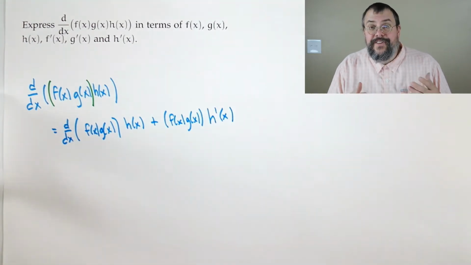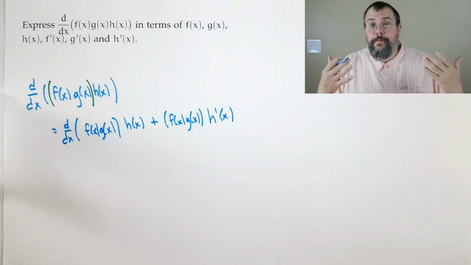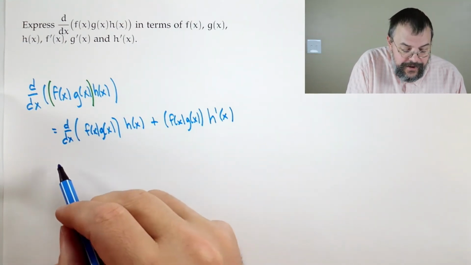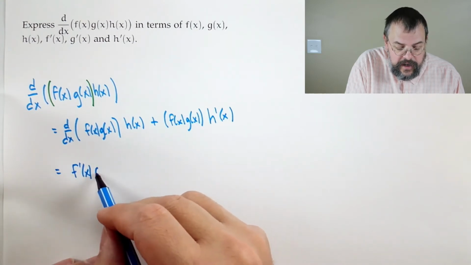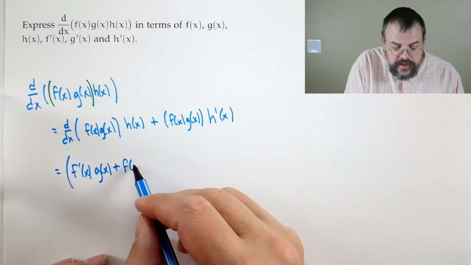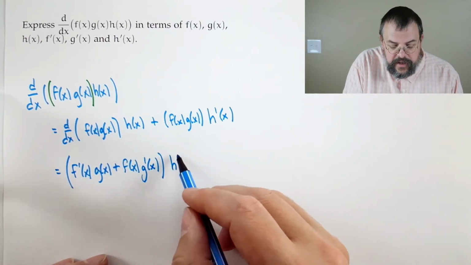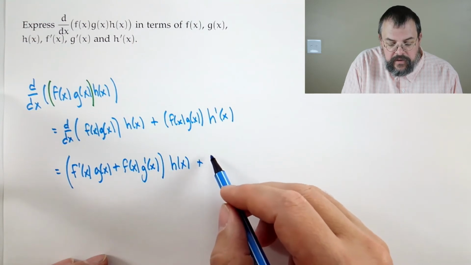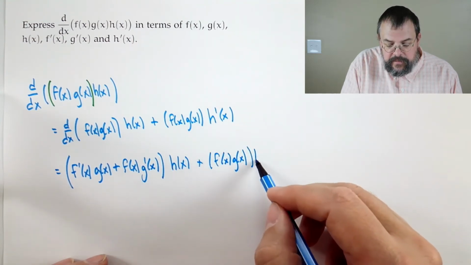I'm not done yet. I still have to have a derivative involved. But now it's like, oh, it's another product rule. So the product rule says take the derivative of the first, f prime of x times g of x, plus the first times the derivative of the second, g prime of x. There we go. And there's an h of x, plus there's an f of x, g of x, times h prime of x.